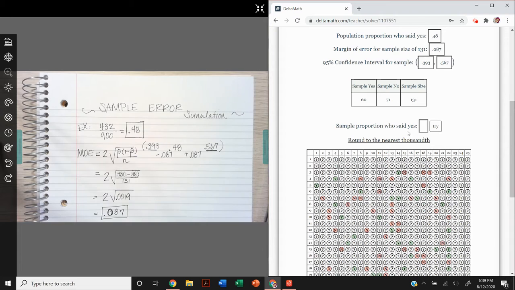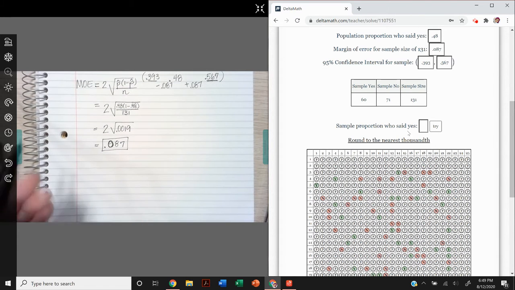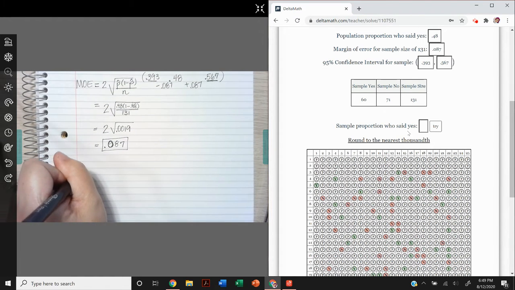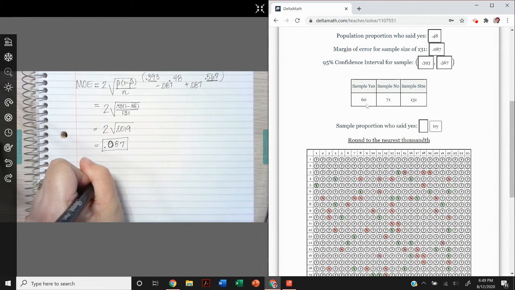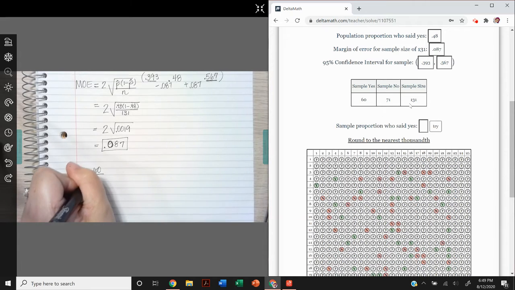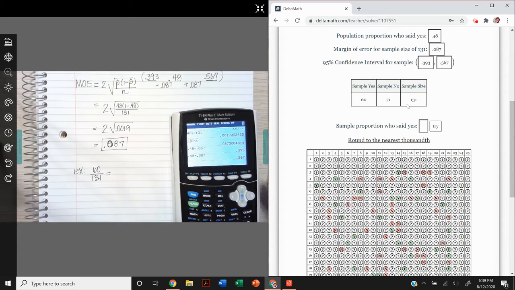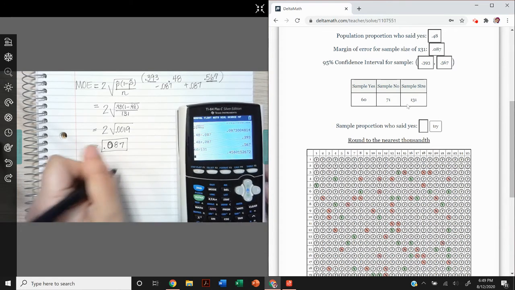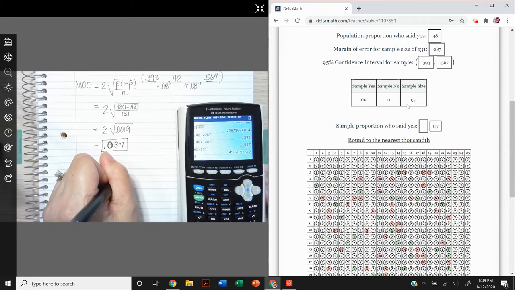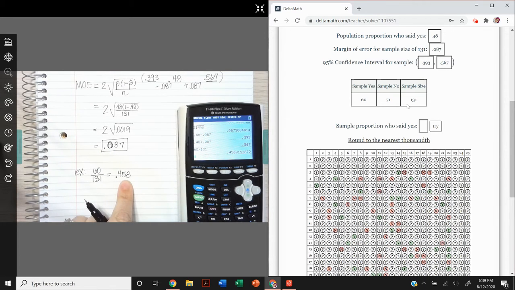So I had 60 kids who said yes, and my sample size is 131. So 60 divided by 131 gives me 0.458. I'm going to round to the nearest thousandth. So 0.458, and I'm going to click try.